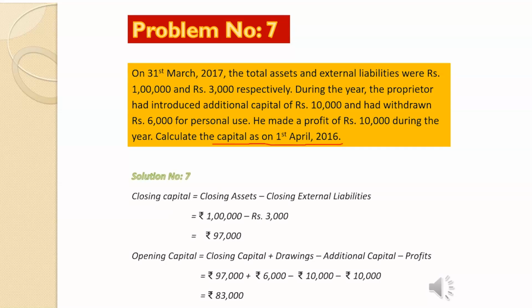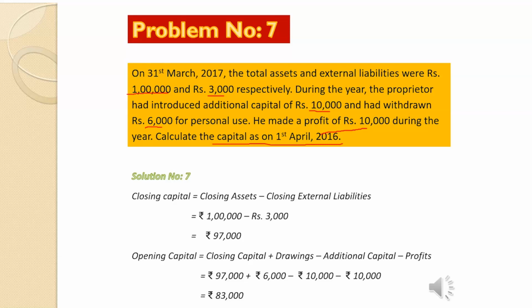What information is given here? Total assets rupees 1 lakh, external liabilities 3,000, additional capital introduced 10,000, drawings 6,000, profit 10,000. Before calculating the opening capital, first you have to calculate the closing capital.